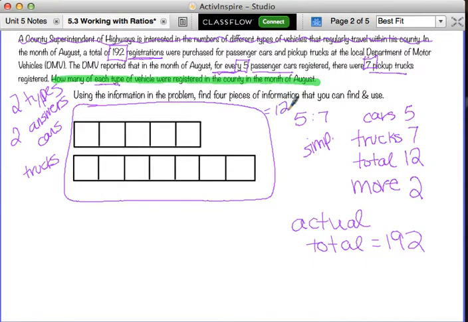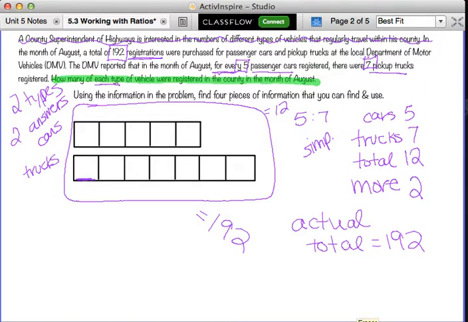But if this gives me 192, how much does each of these have to represent? And how many cars does that give me, and how many trucks does that give me?